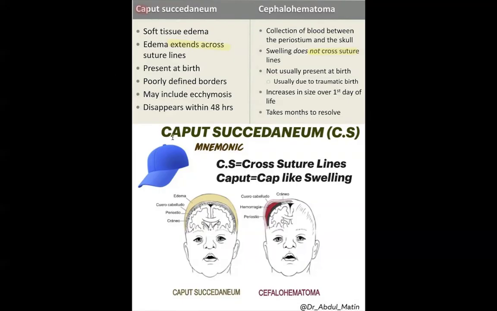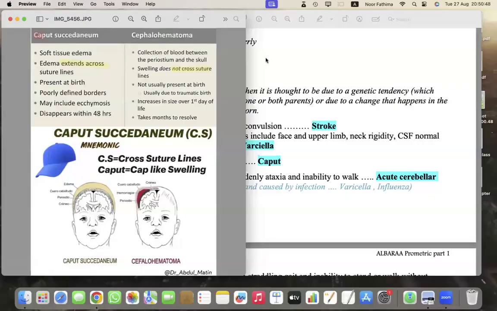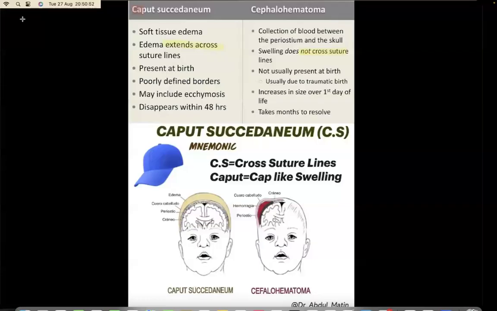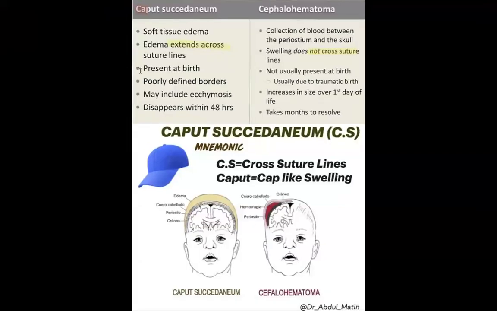So how do you remember caput? Let's learn the difference between caput succedaneum and cephalhematoma.